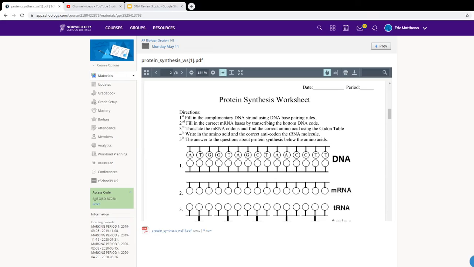If you take a look at the worksheet for today, it is literally practice. We have all done this. When you go down to the second page, this one does ask for the anticodons. As a matter of fact, I believe we did this one in class. So it's literally nothing new. I just want to make sure that first, can you pair up DNA to DNA?